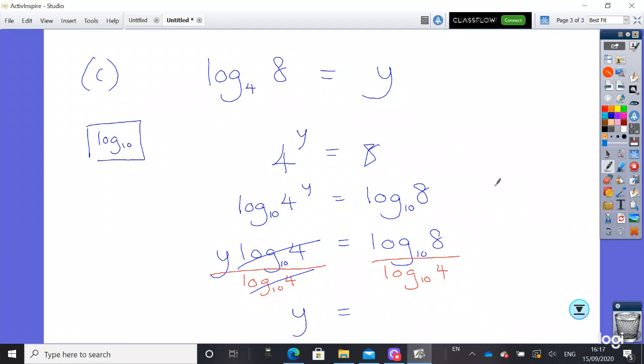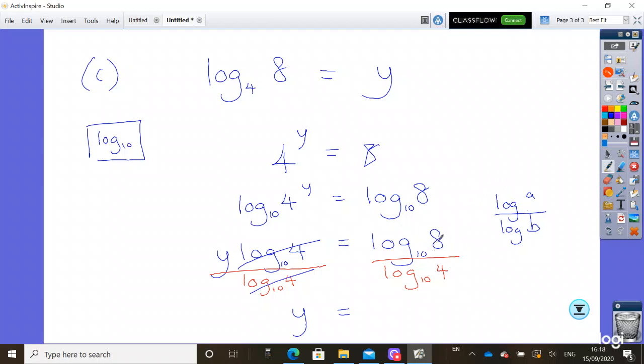Well, did we not learn that if you have log a over log b, I think we can just put that straight into the calculator, couldn't we?